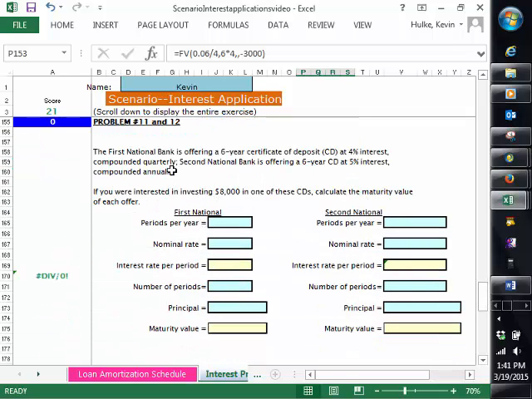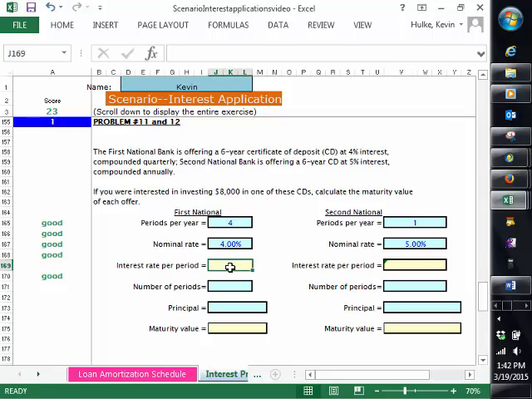Now we want to compare the First National and Second National Bank. First National compounds quarterly, so there are 4 quarters in a year. Second National compounds annually, so there's only 1 annual in a year. The nominal rate is 4%, and the nominal rate is 5%.